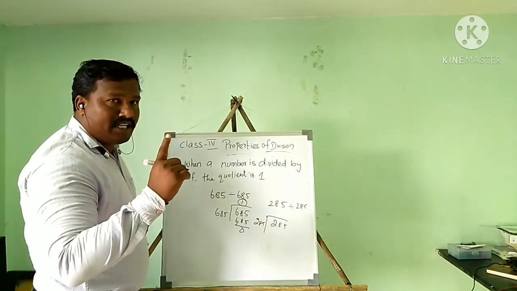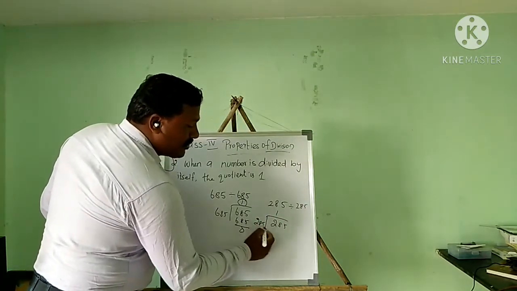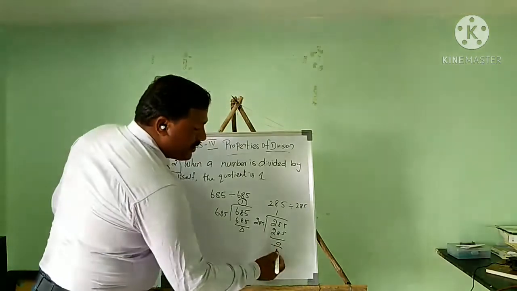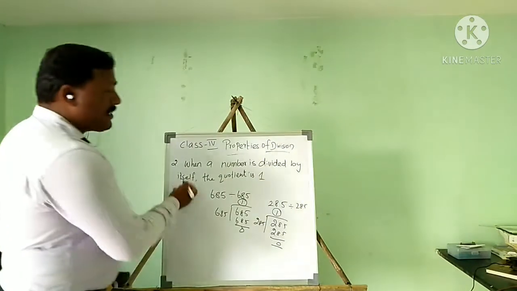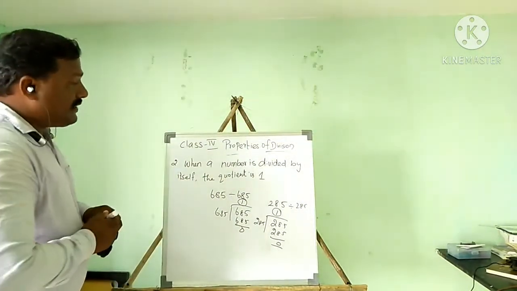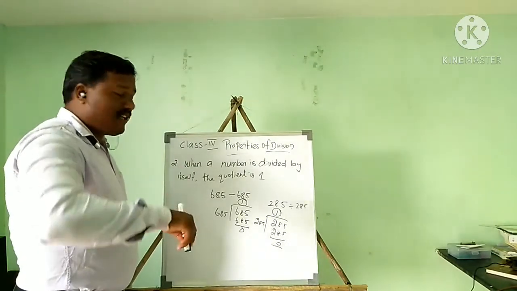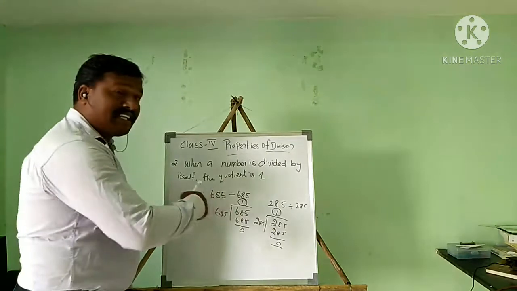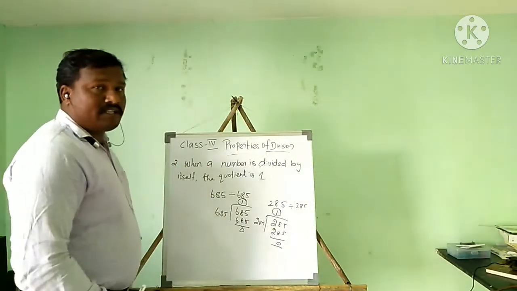Only one 285 is there. One 285 is equal to 285. So the remainder is 0 and the quotient is 1. That is the second property: when a number is divided by itself, when dividend and divisor are the same number, the quotient is 1.